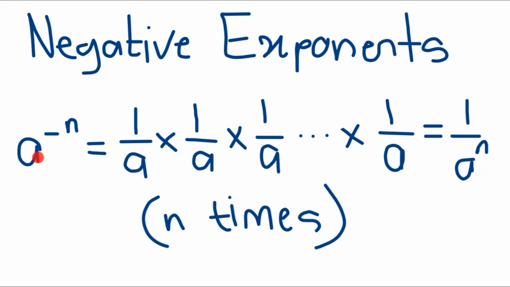So if a to the power of negative n is equal to this expression, and this expression is equal to 1 over a to the power of n, we can then conclude that a to the power of negative n is equal to 1 over a to the power of n. So that's where rule number 1 comes from.